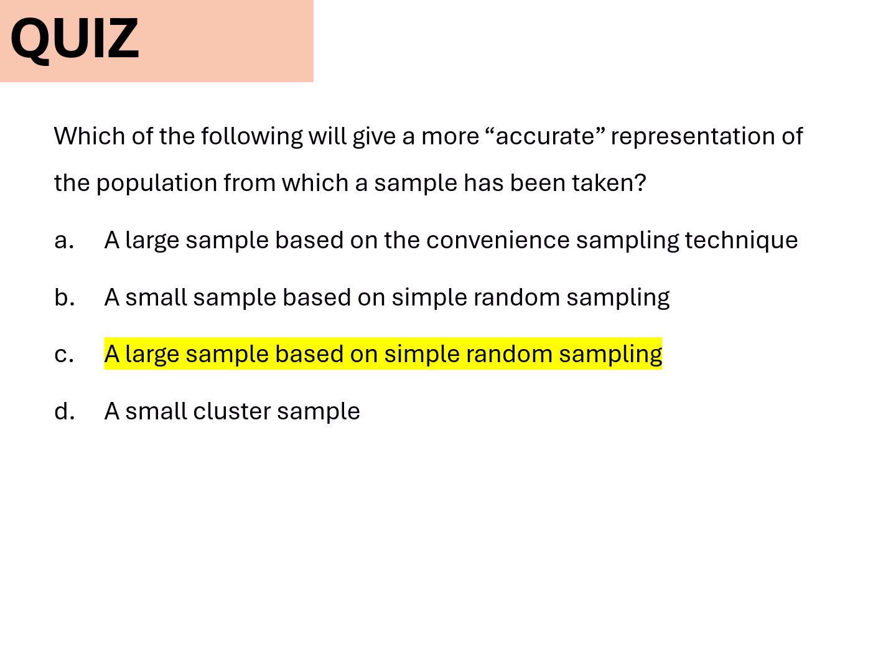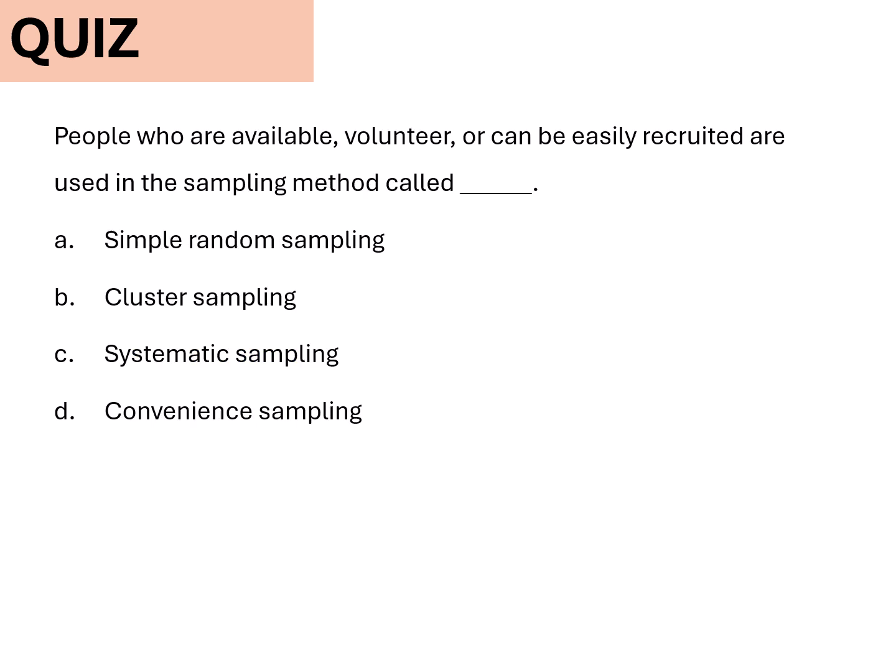A large sample based on simple random sampling is the correct answer. People who are available, volunteer, or can be easily recruited are used in the sampling method called simple random sampling, cluster sampling, systematic random sampling, or convenience sampling? The answer is convenience sampling.